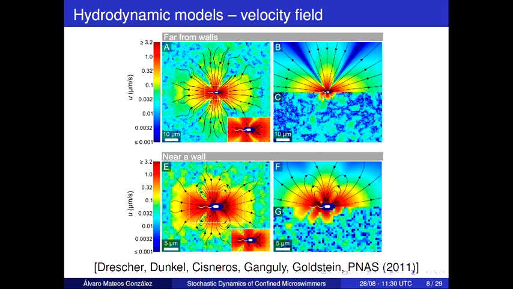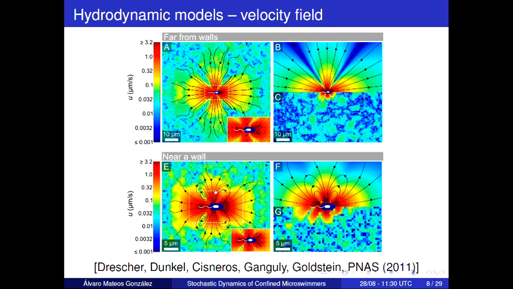You have some red close to the microswimmer, and far away from the microswimmer you've got only some blue and green. So actually the force dipole approximation is quite good far from the microswimmer, but really close to the microswimmer you've got some problems. The same thing happens close to a wall.